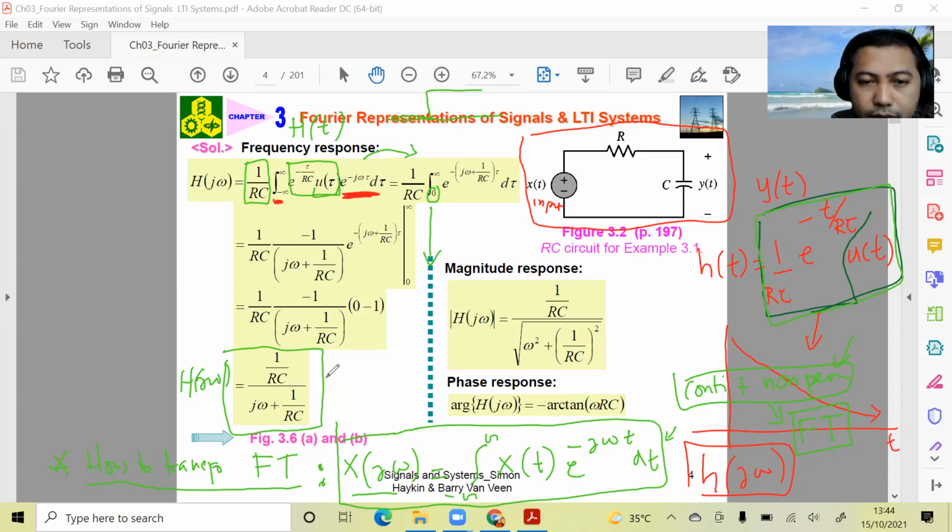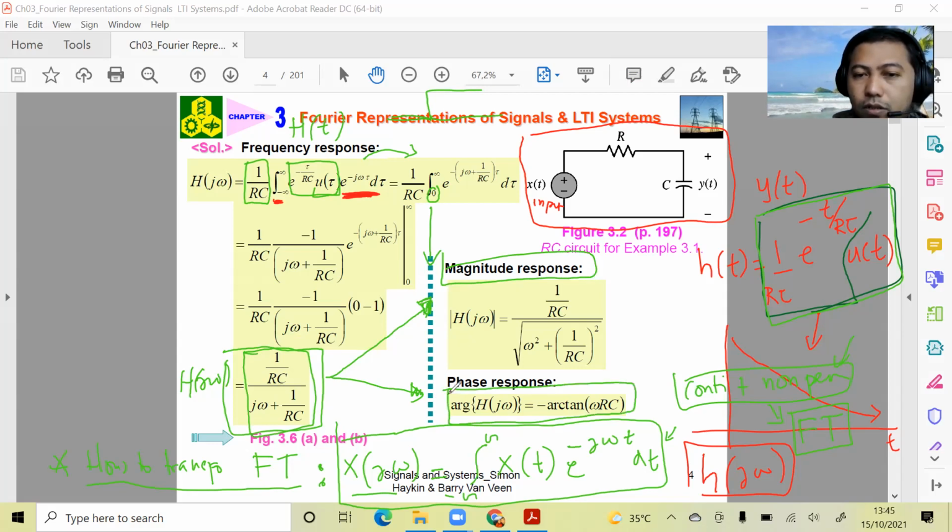Then we have to express this function in magnitude and phase response. Because this is a complex number or complex function, we decompose it into magnitude and phase. The magnitude represents the power or energy of the signal.